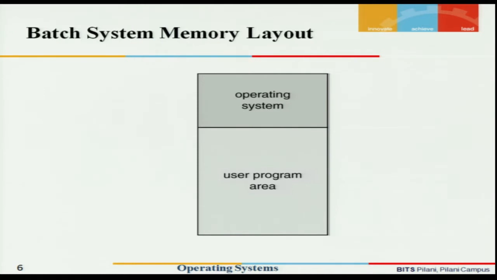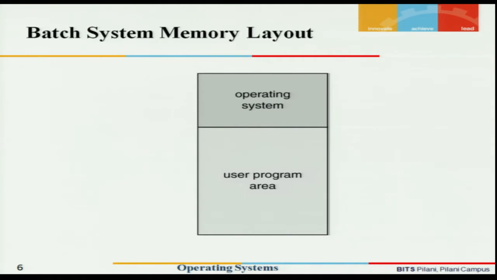So let us look at how the memory can be organized. In case of such a system, knowing that the operating system is a program, it would require some amount of memory.